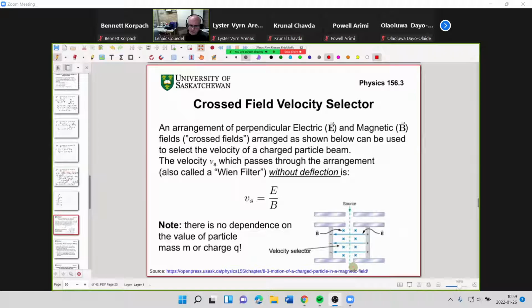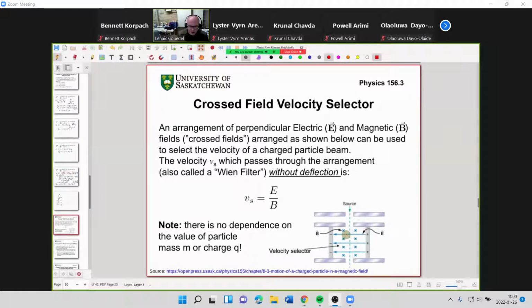There are some conditions where this particle won't be deflected at all. It will experience an electric force because it's a charged particle. It will experience a magnetic force because it's a moving charged particle, but the two forces will be equal and opposite in direction.